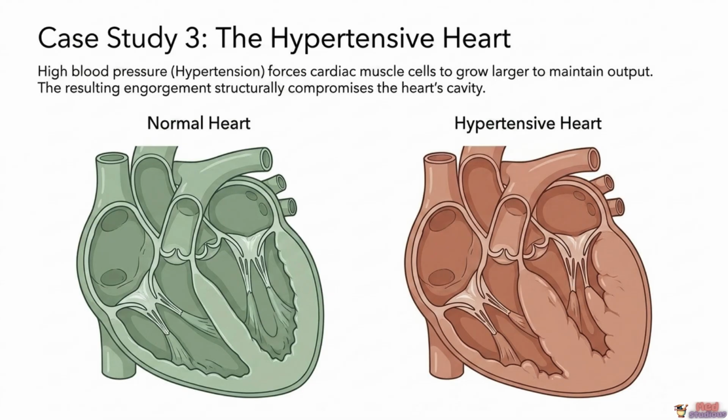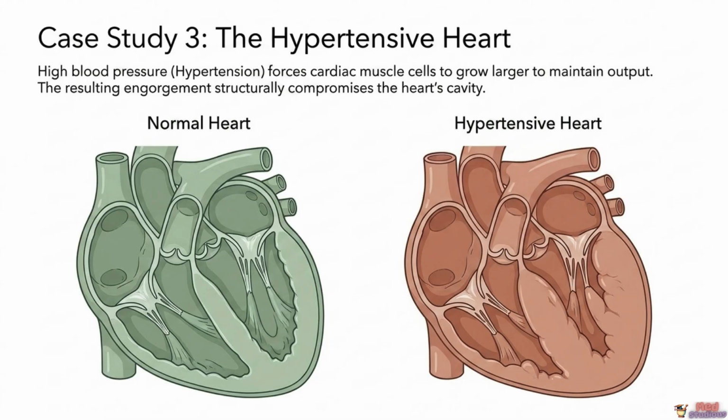Because the left ventricle must pump blood against a chronically elevated arterial pressure, it faces a dramatically increased pressure workload with every single heartbeat. Since cardiac myocytes cannot divide, their only adaptive response is hypertrophy. They grow larger, packing in more contractile proteins to generate more force. Initially, this hypertrophy is compensatory and actually maintains cardiac output.